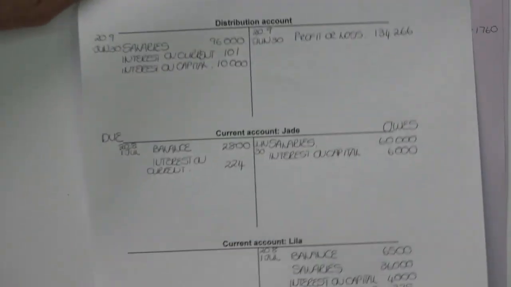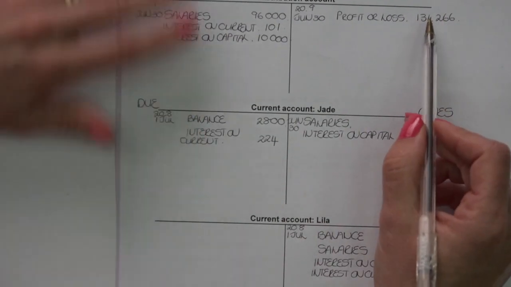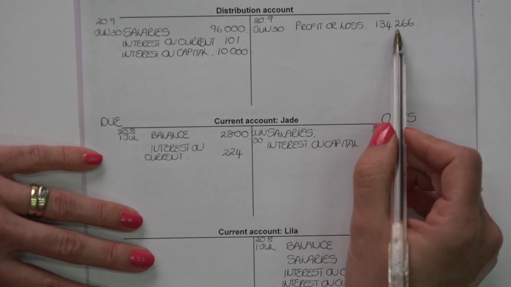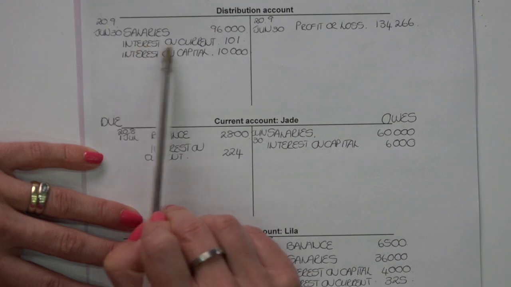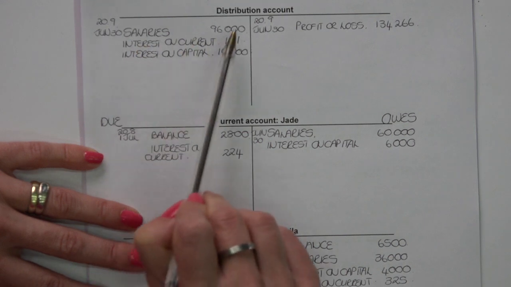If we now refer to our distribution account, on the credit side we put the profit according to the accrual concept, minus then the salaries of the partners, minus the interest on the current accounts and the interest on the capital accounts.